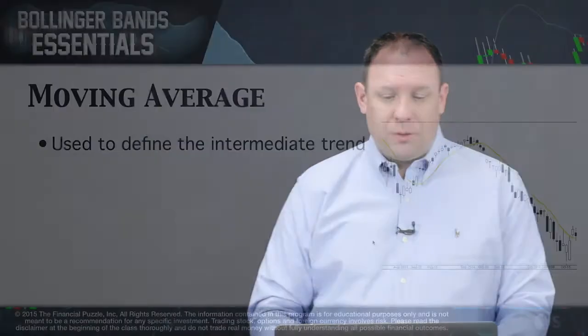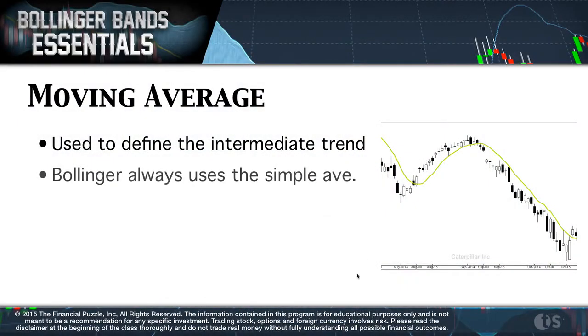He's using the 20 period, and it outlines the intermediate trend. Now, what does that mean? It means that it's not going to be flowing with the day-to-day minor moves of the stock, but rather smoothing that out, and defining where that intermediate trend is at that given time. So it's going to be used to define the intermediate trend.